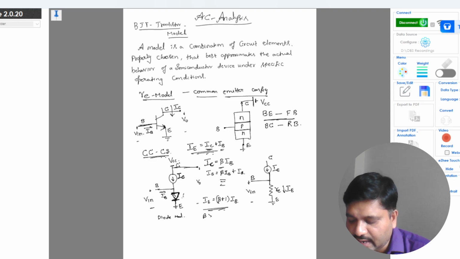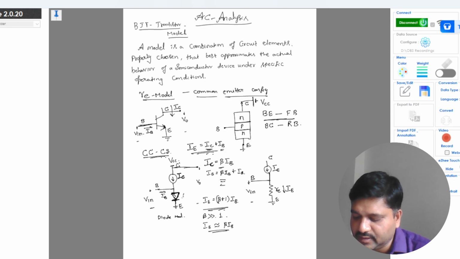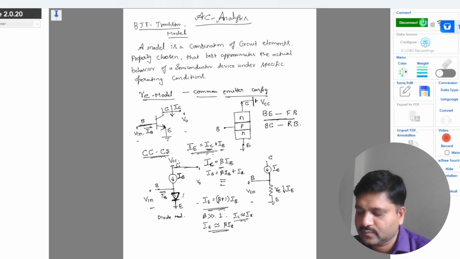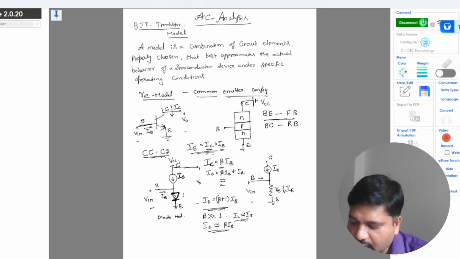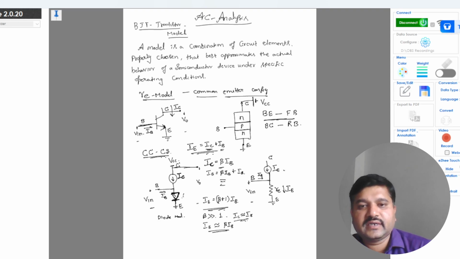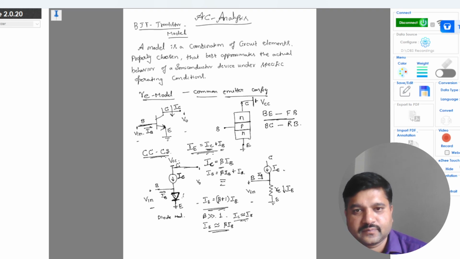Since beta is very large compared to 1, your IE can be approximated to beta times IB. That means your IC is almost equal to IE. So these are the current relations in the common emitter configuration. The input is IB, the output is IC, and the current flowing through the resistance finally is IE, right? So this is the RE model.